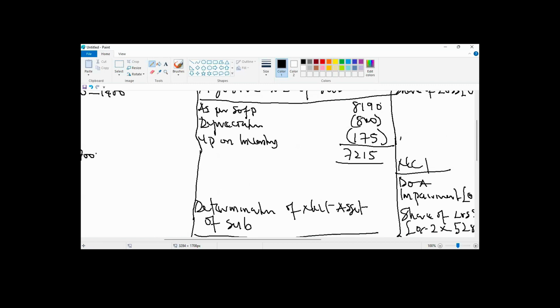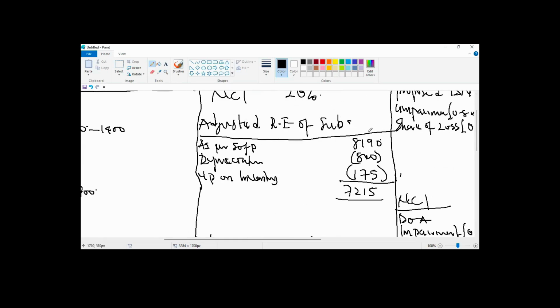There is a depreciation that will apply from it, and there's unrealized profit on inventory. That is why we call it the adjusted check. We can still adjust if there is need to, if there is depreciation or unrealized profit on inventory. Okay, sir. Thank you.